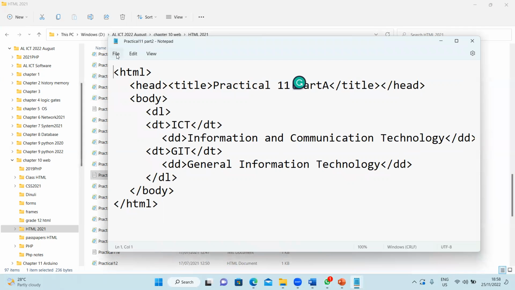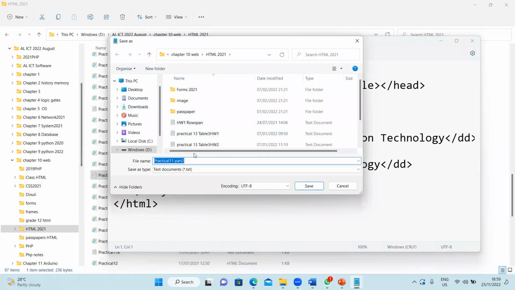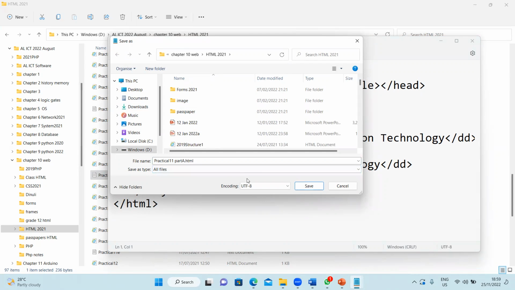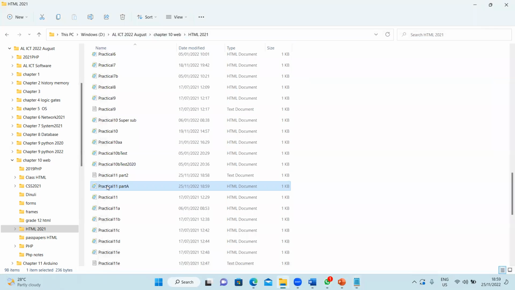I should save it as, File, Save As, practical 11 part A dot HTML, in the same folder. Then you must select All Files and save. Then you will get it here.